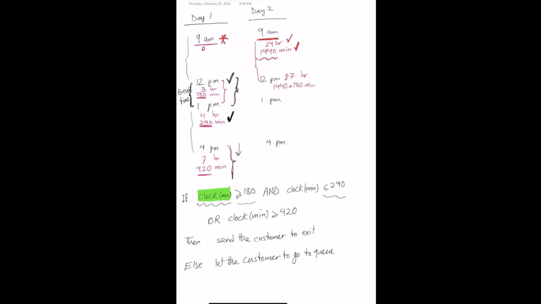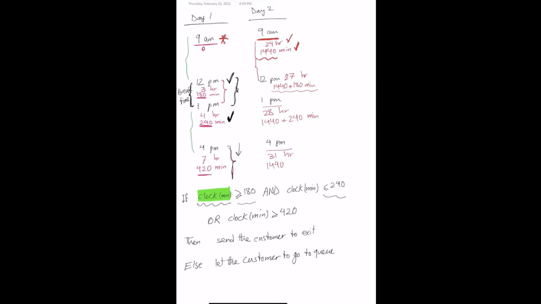If I continue till 1 p.m., the simulation time will be hour 28, which in minutes is 1440 plus 240 minutes. Then I continue running the simulation till I get to the equivalent of 4 p.m. in the real world, where the simulation time is hour 31, and in terms of minutes, 1440 plus 420 minutes.